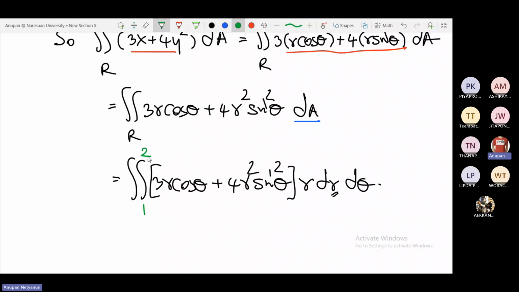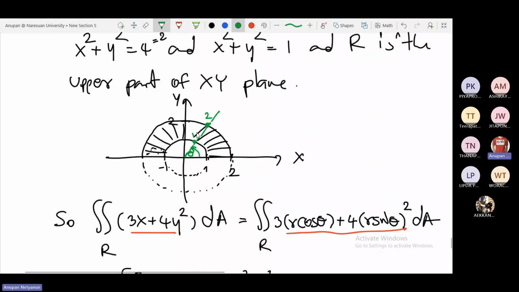Then, because you need to find the running numbers for theta, you have to ask yourself, for this region, your theta sweeps from which angle to which angle. You can see that in this area, your theta starts from this line, and then it sweeps all the way to this angle.